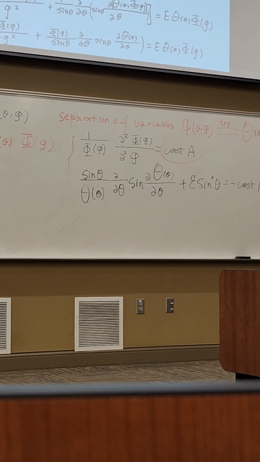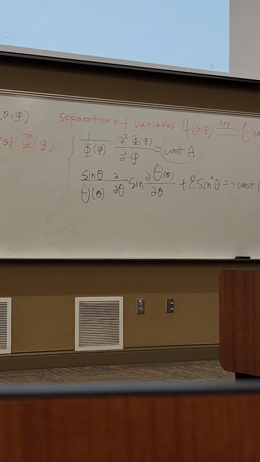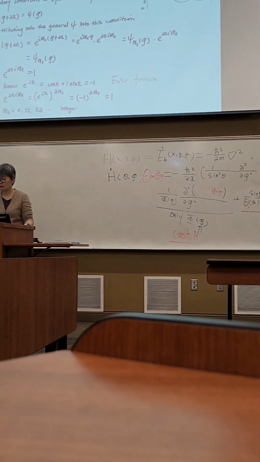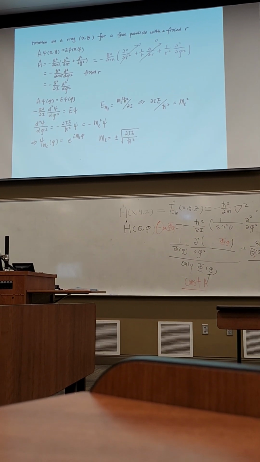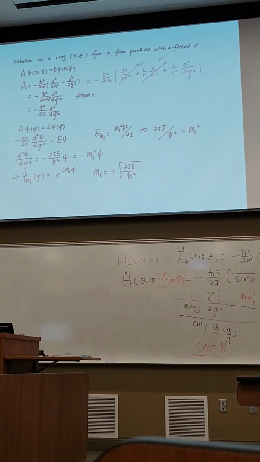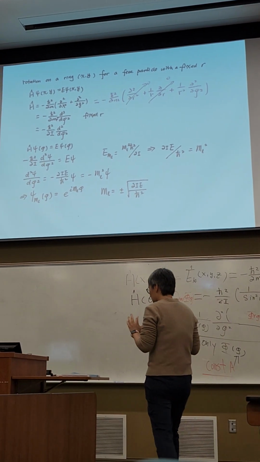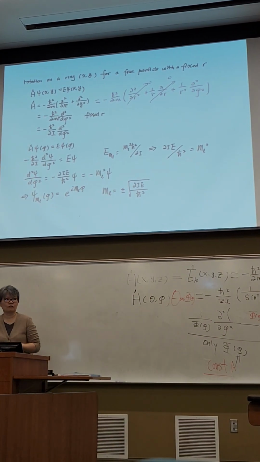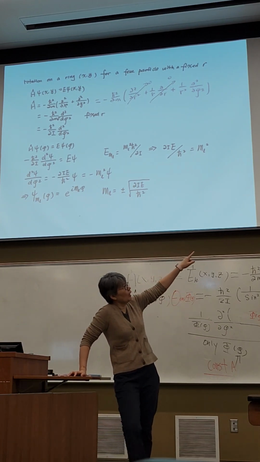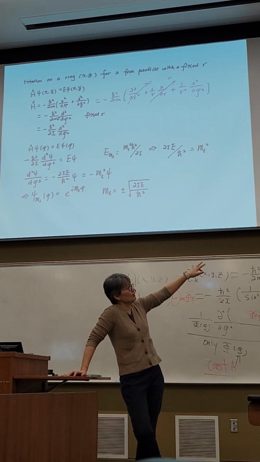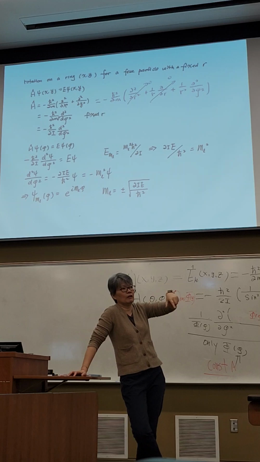Okay, if I may remind you guys about our Hamiltonian operator, the Schrodinger equation for the rotation of the two-dimensional system with a fixed radius, as I'm showing here. Did you guys see the Hamiltonian operator, which only depends on the phi variable, equal to the negative h bar squared over 2I, second order derivative with respect to the rotational angle.